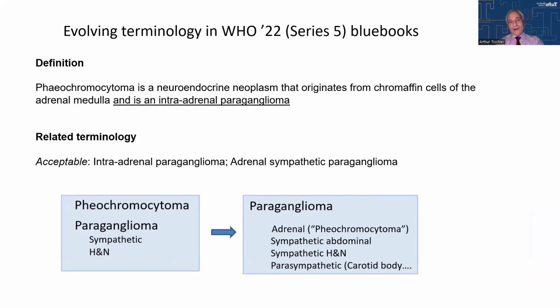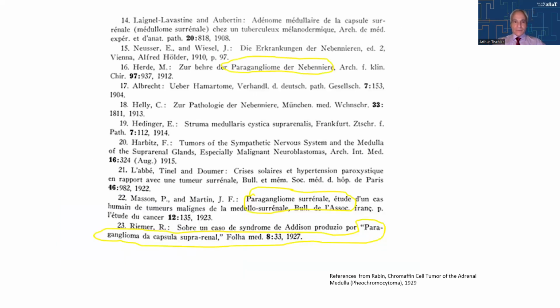A better way of organizing our conceptual framework is to consider all of these tumors as part of the paraganglionic system, with their distinctive characteristics determined both by their anatomic locations and by their underlying genetic abnormalities.